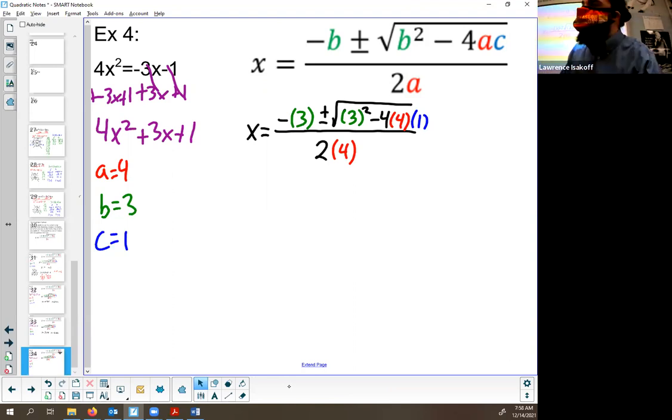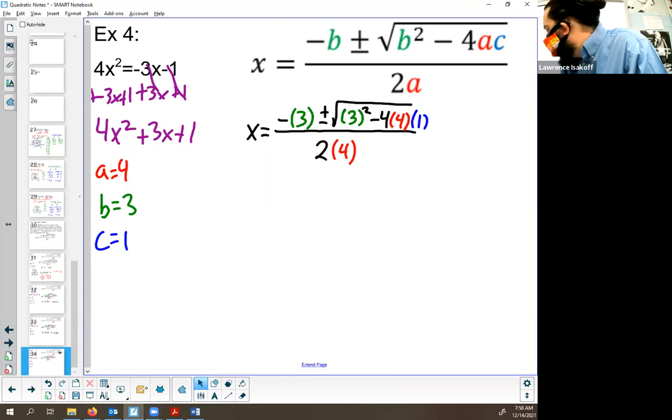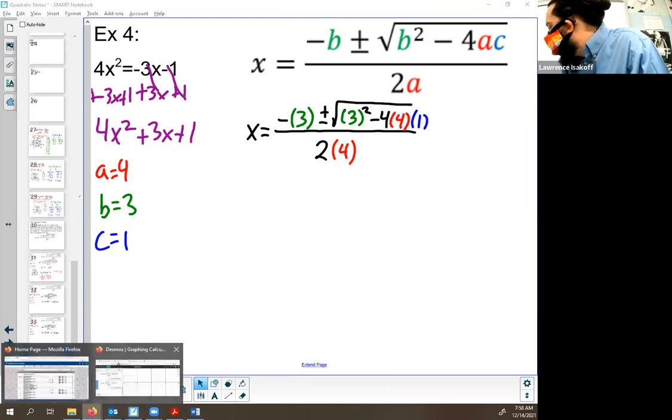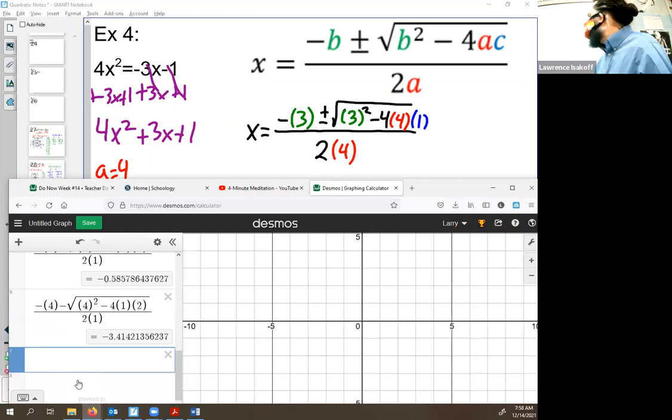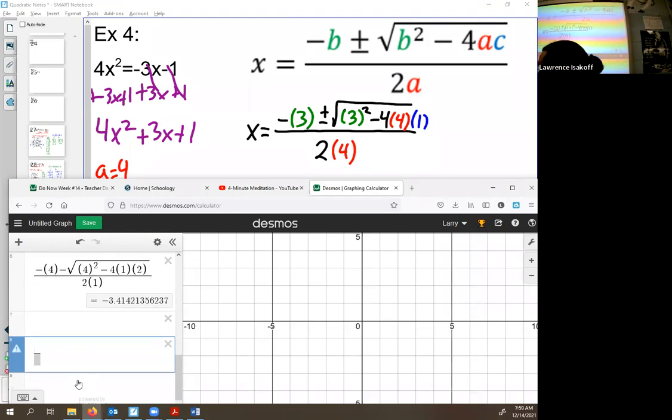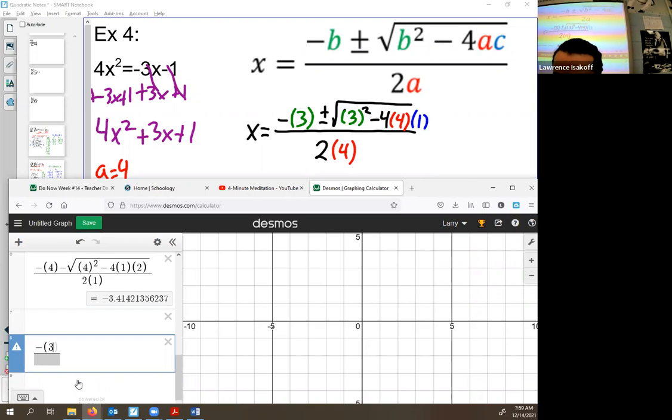So now we're going to type this in. We're going to see something very interesting happening. And we're going to talk about what's happening in 1 second. But let's see what Desmos tells us first. Because what's interesting, you won't see it until Desmos gives us an answer. So I'm just typing it in just how I wrote it.